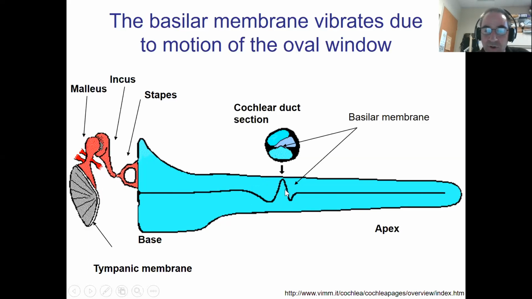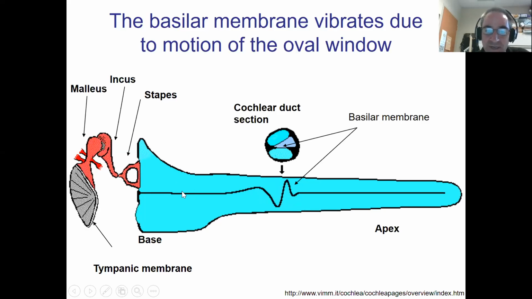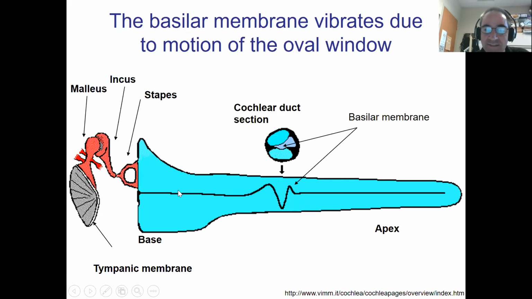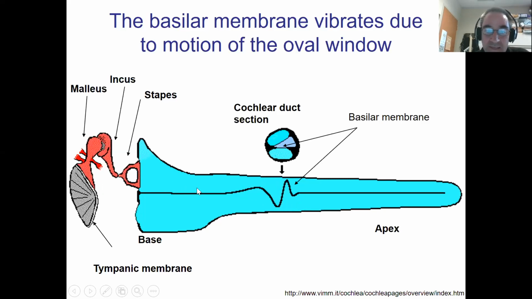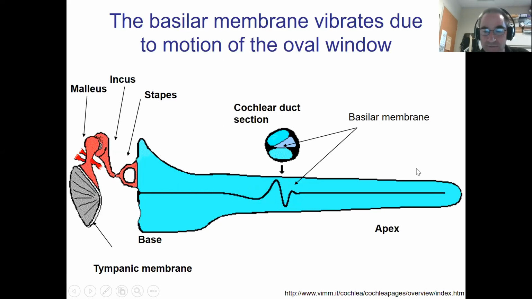And if we change it to a very high frequency, a high pitch, then we would get more of this vibration. Still a similar shape, but wiggling faster, and it would take up about the same amount of space. Here at the base for high frequencies, and up at the apex for really low frequencies.